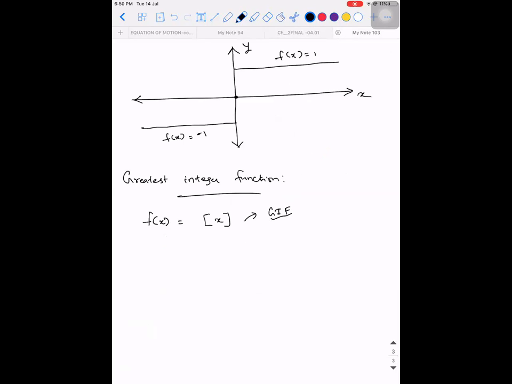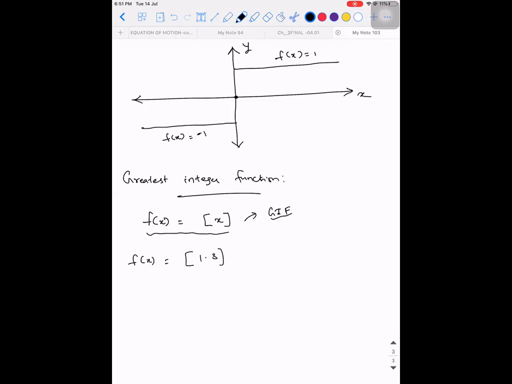Sir, it was breaking when you said f of x. I'm saying f of x is equal to greatest integer of x.